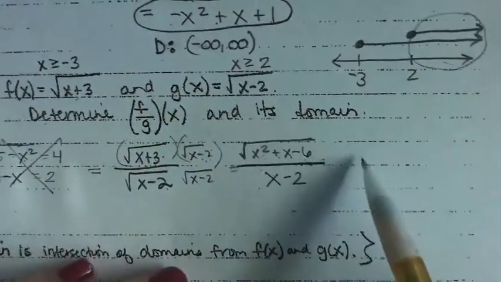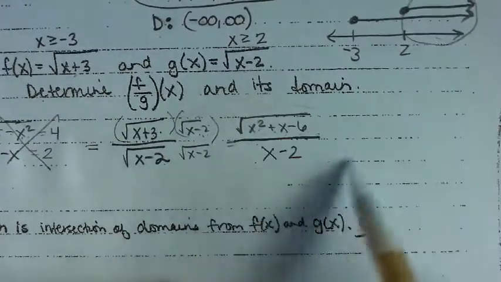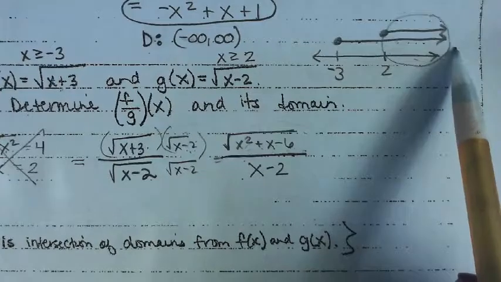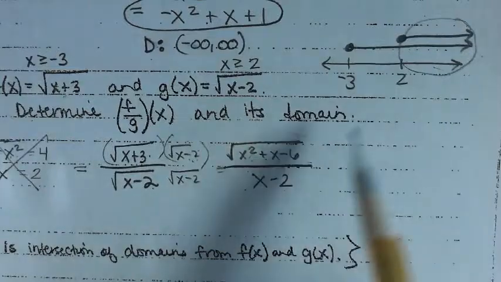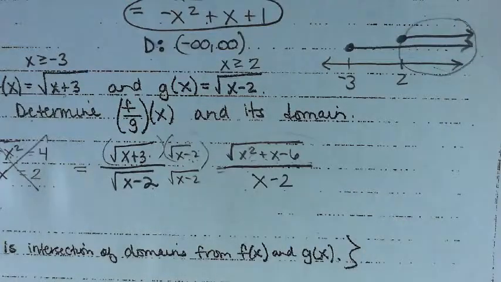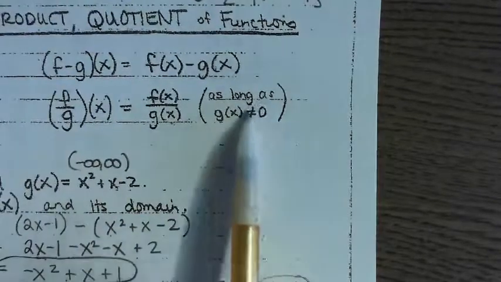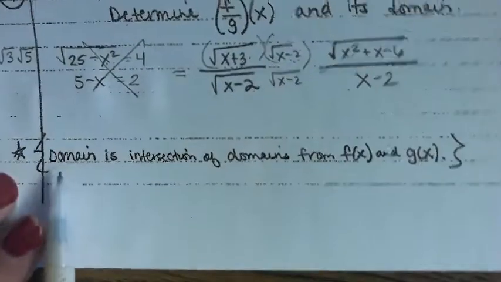So apparently, though, look at our domain. Our domain is still restricted, can only be greater than or equal to 2. Do we see that? Actually, let's back up. It can't be 2, can it? Because, and this is where I wrote that in parentheses, as long as g of x does not equal 0, unfortunately, this has a little asterisk next to it.